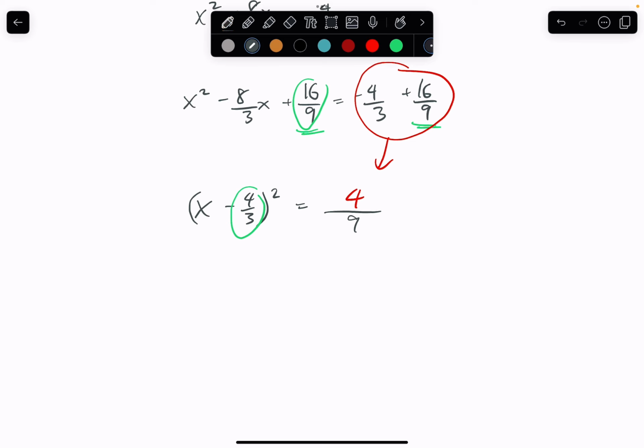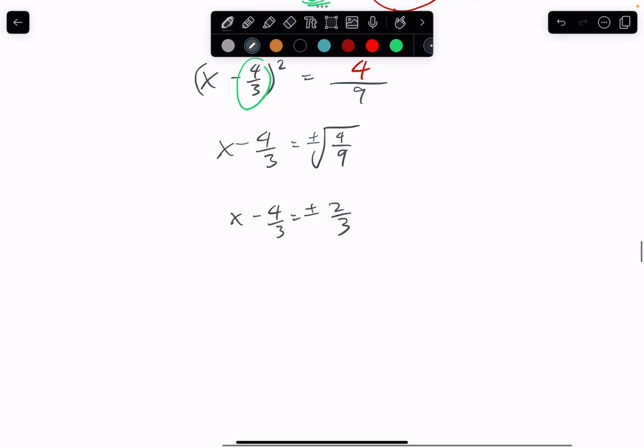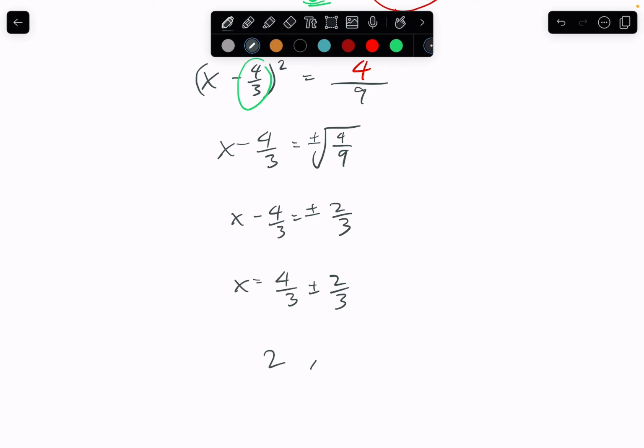So, plus minus 2 over 3. These are the answers.